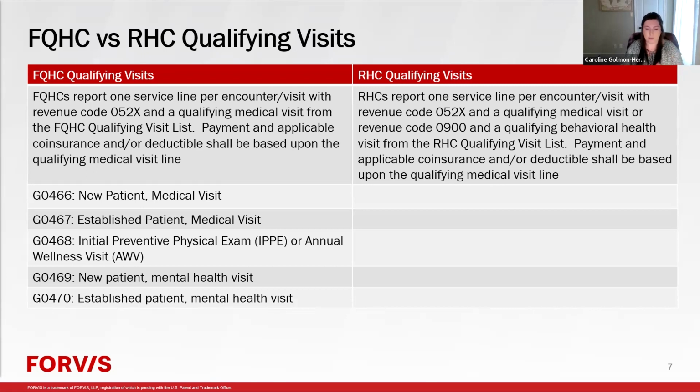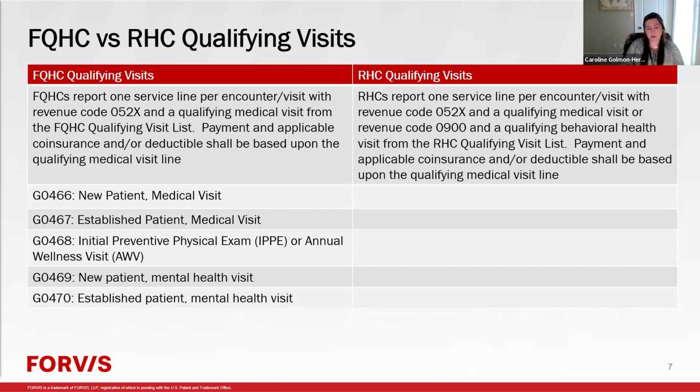And I do have some examples of that and some resources at the end of what that qualifying visit list looks like. Payments and applicable co-insurance and deductible shall be based upon the qualifying medical visit line. So depending on what that patient is there for is going to drive what that payment looks like.